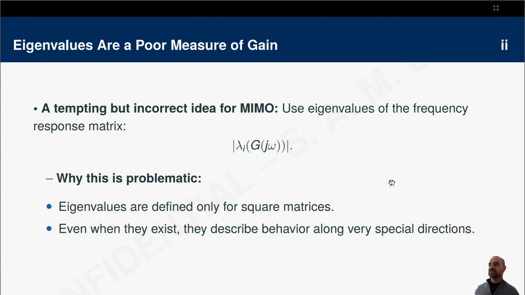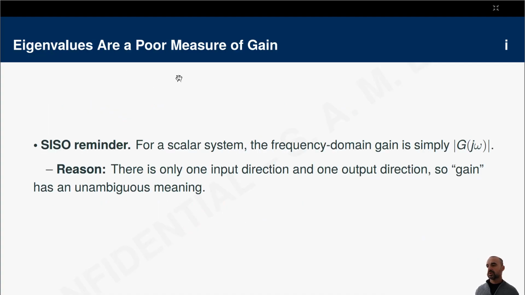We have already seen that. Let's just start from here. Now we're going to talk about eigenvalues. As a reminder, for a scalar system, the frequency domain gain is simply the magnitude of G(jω). There is only one input direction and one output direction, so gain has an unambiguous meaning.